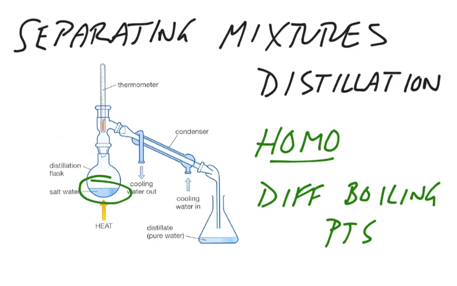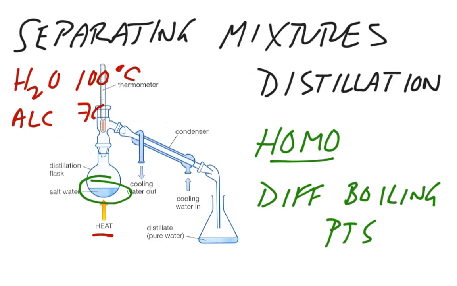Those two are in that mixture together, and they can't be physically separated by looking at it or pouring off one or another. And so what you do is you apply heat in this flask right here. You heat up the solution until one of the boiling points is reached. So for simplicity's sake, let's say that water has a boiling point of 100 degrees Celsius, and the alcohol, let's just say, boils at 70 degrees Celsius.